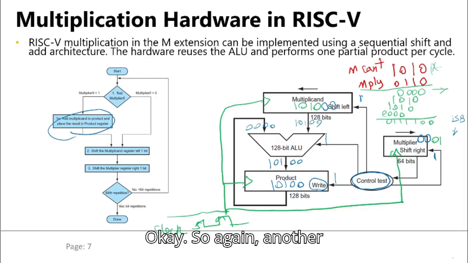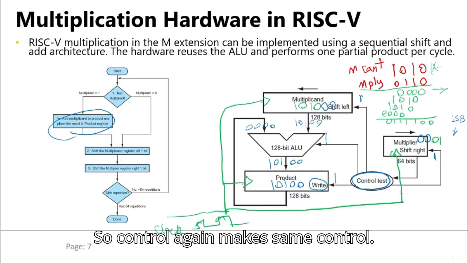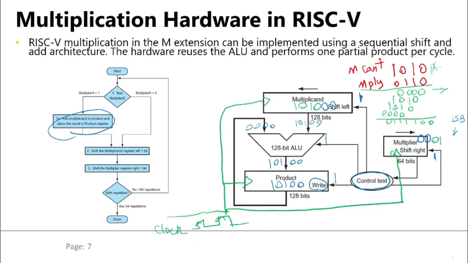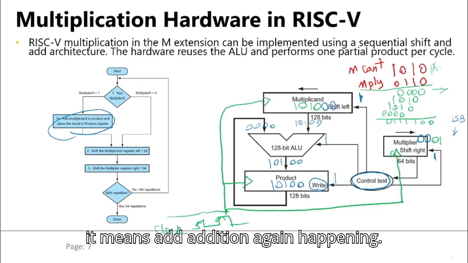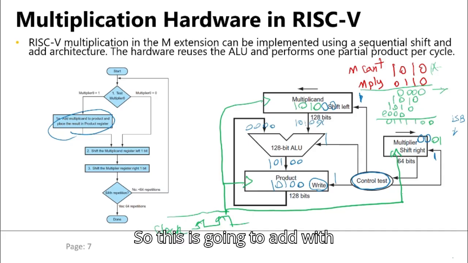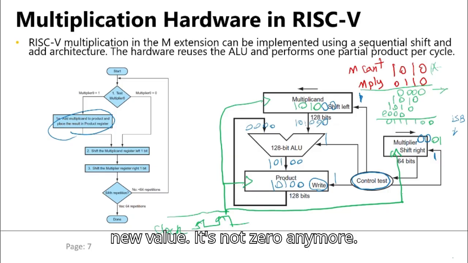Okay, so again, the least significant bit is 1. So the control again makes the same control signals. So it means addition is happening again. So this is going to add with the new value. It's not 0 anymore.